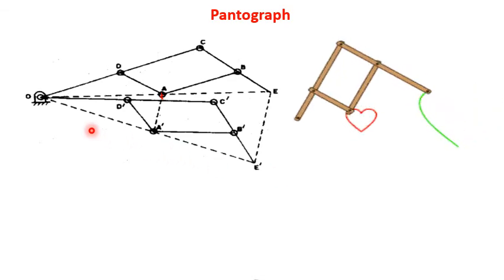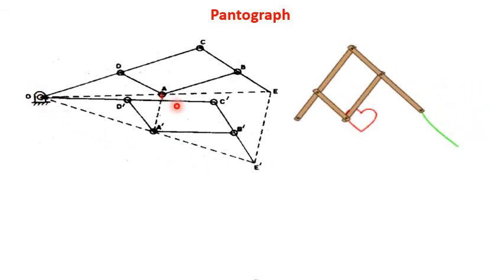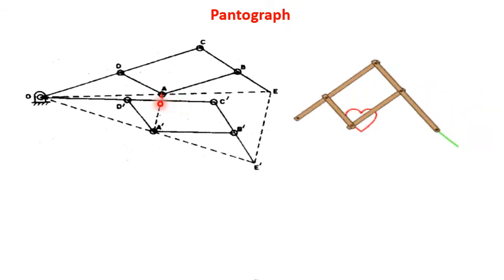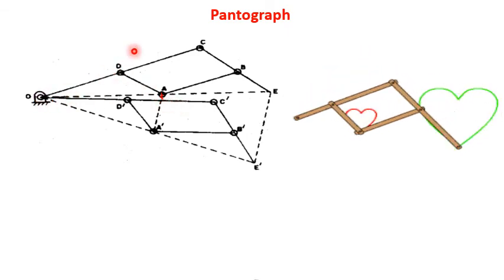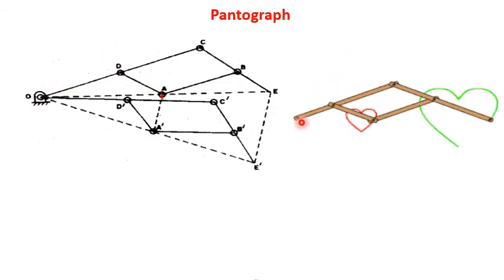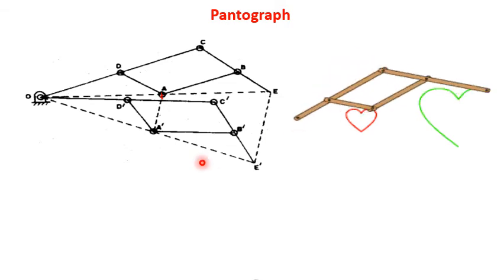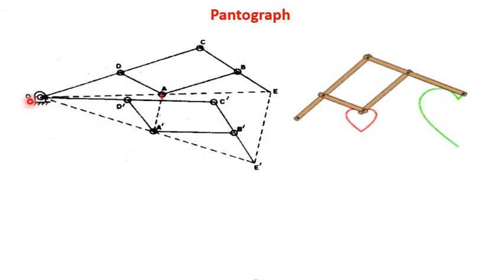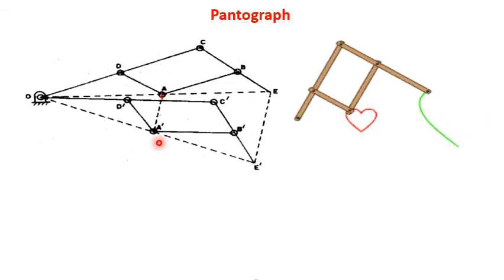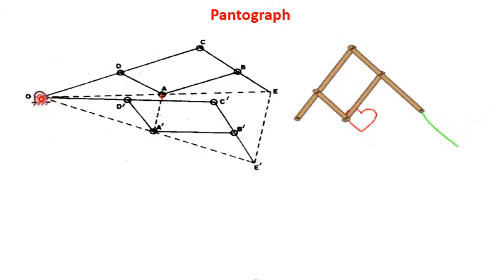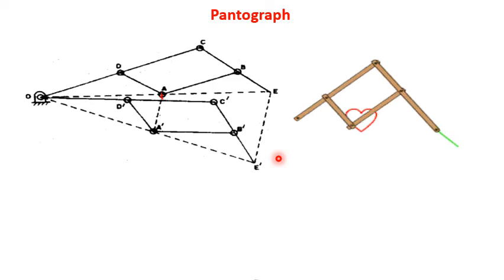From the triangles, triangle ODA and triangle OCE are similar because they have the same angle. In the second position, triangle OD dash A dash and triangle OC dash E dash are similar triangles.